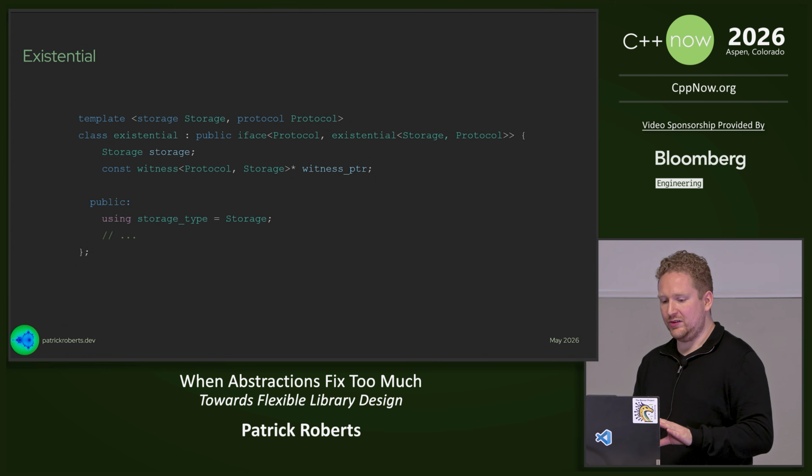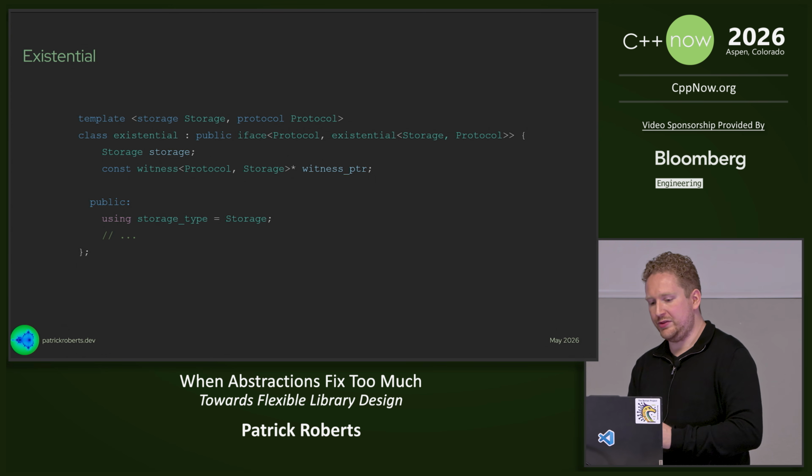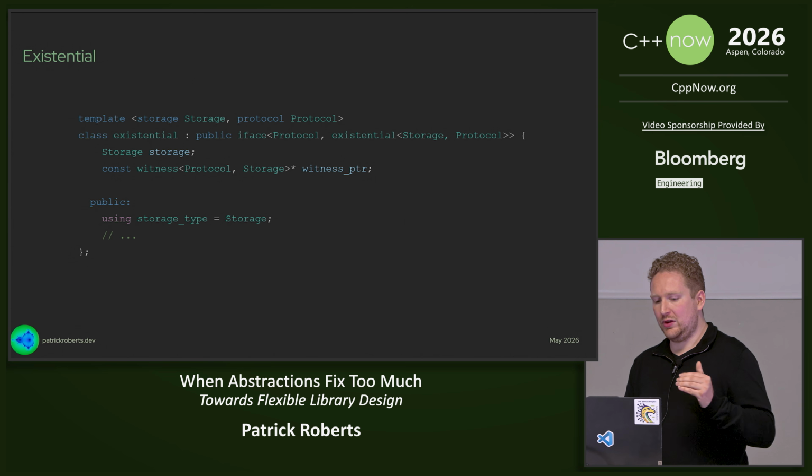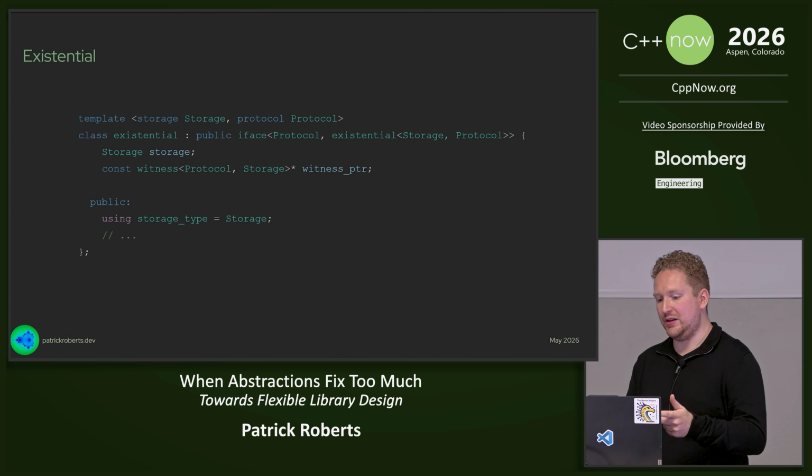So this is a very basic definition of what the existential type looks like, putting almost everything together that we've talked about so far. You have an existential type that's templated on the storage policy and the capabilities. That capability template parameter can be a single capability or a composition of capabilities, and it works regardless.